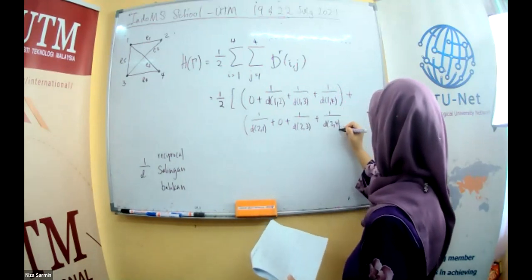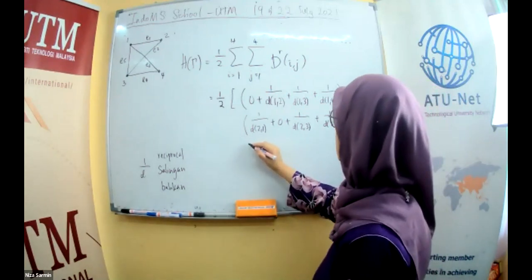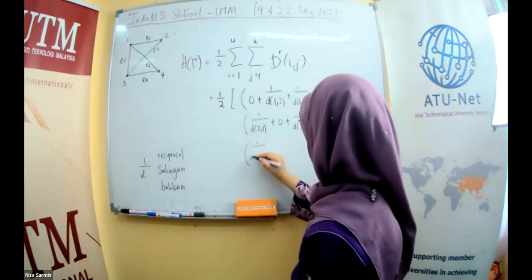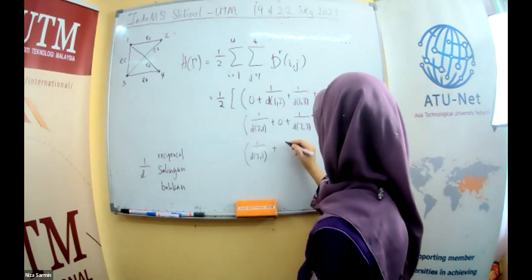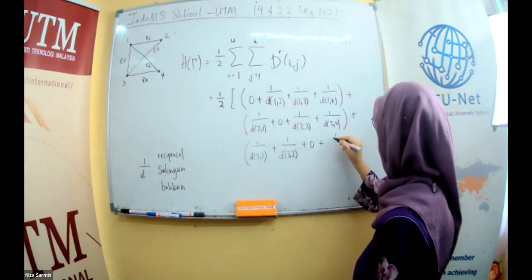Then still continue with 3, 1, 3, 2, 0, and 3, 4.